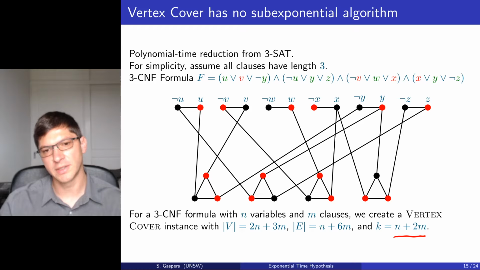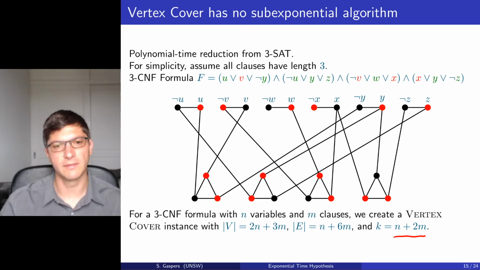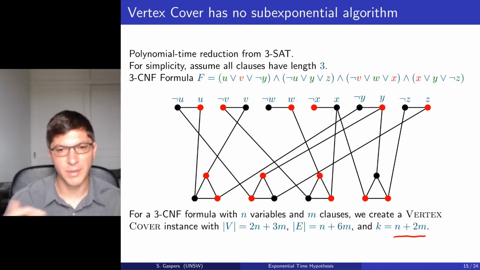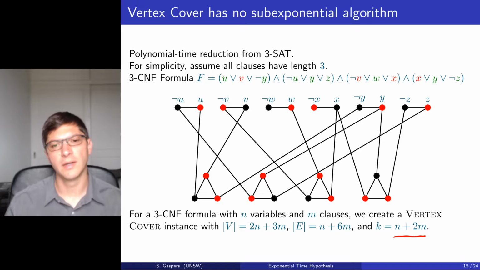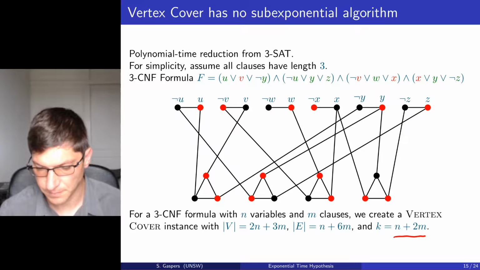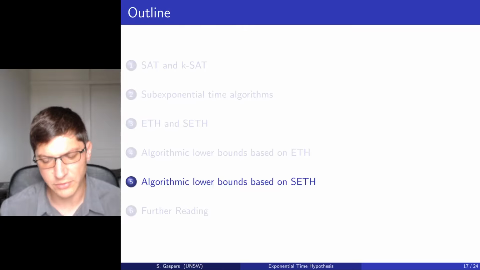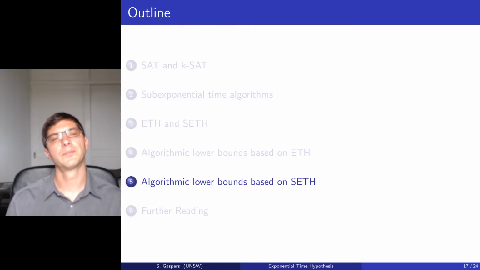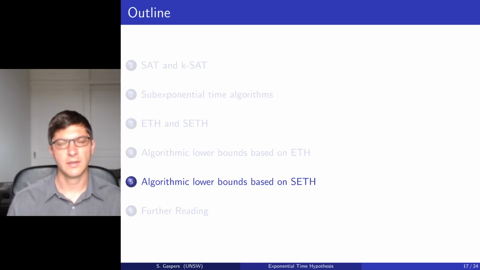And it was sufficient that the output instance, so vertex cover, had the parameters that we were interested in linear in the input parameter. But for the strong ETH hypothesis, we need to be even more fine-grained. So now we actually care about the constants in these linear relationships.